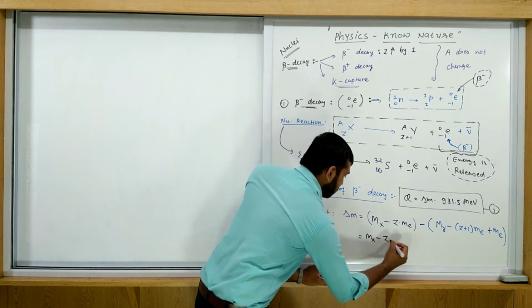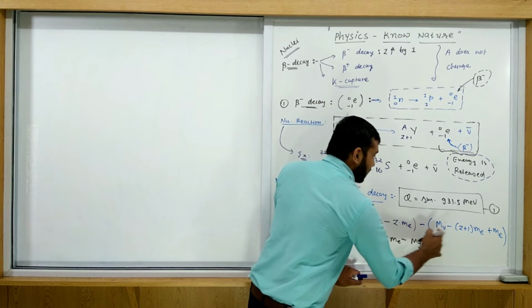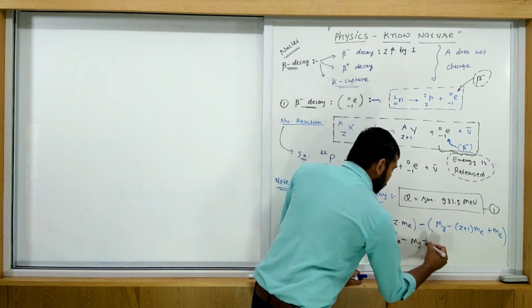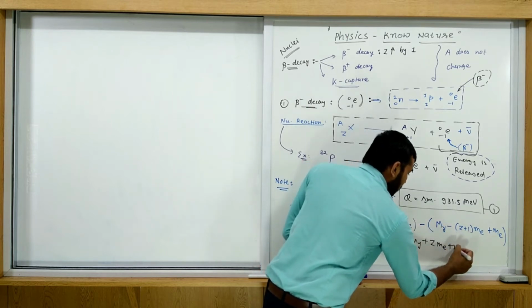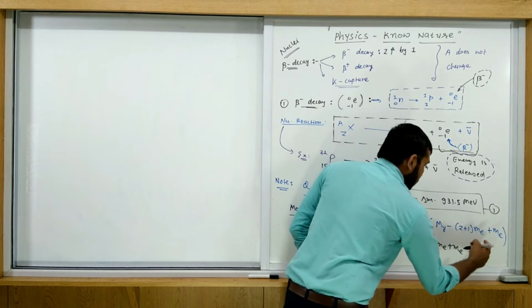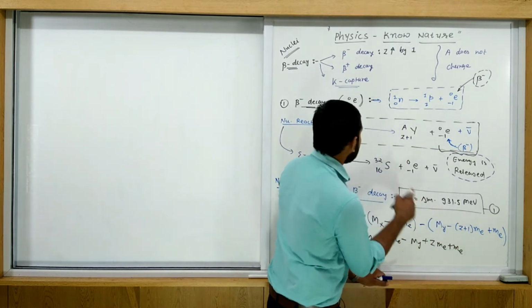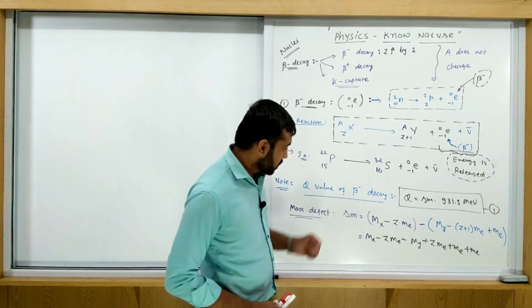So mx minus zme minus my minus minus plus minus minus plus. So plus zme minus minus again plus me, and this one is Z plus 1 and this is plus me, like this.